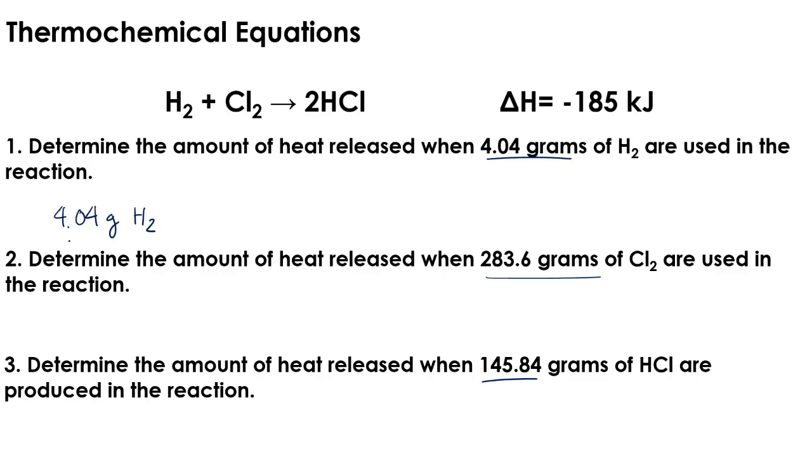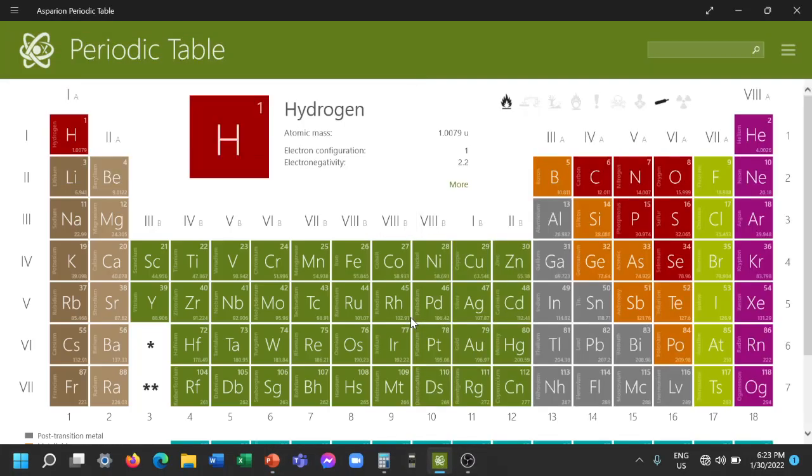So again, first convert the grams into the number of moles. So from grams of H2 to the moles of H2, 1 mole of H2 is equal to how many grams? So let's determine again the molar mass of this substance. So here for hydrogen, let's check our table of elements. Hydrogen, the mass is 1.01.